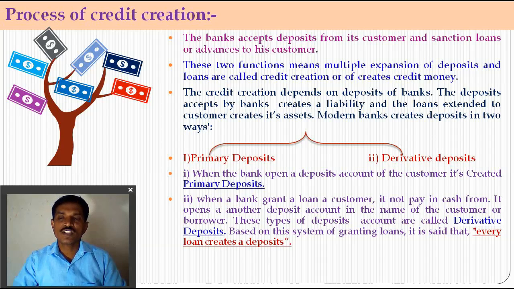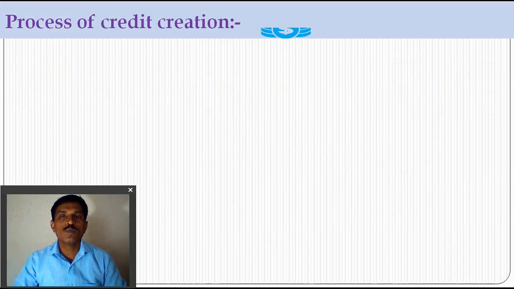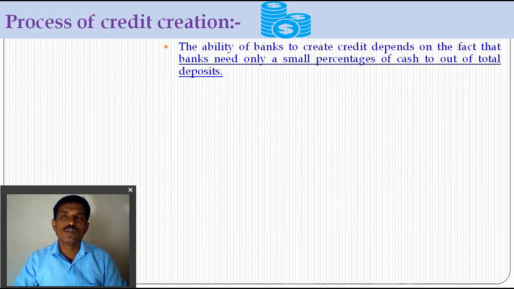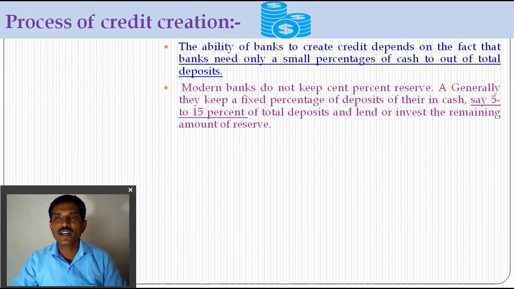So based on this system, in the granting of loans, it is said that every loan creates a deposit. Every loan creates secondary or derived deposits. So this is the important function of the bank, accepting deposits and advancing loans. The ability of the bank to create credit depends on the fact that the bank needs only a small percentage of cash out of total deposits.